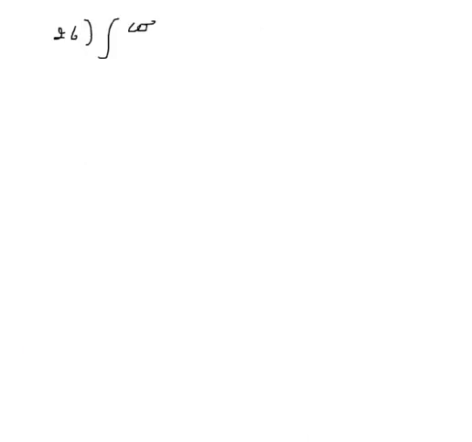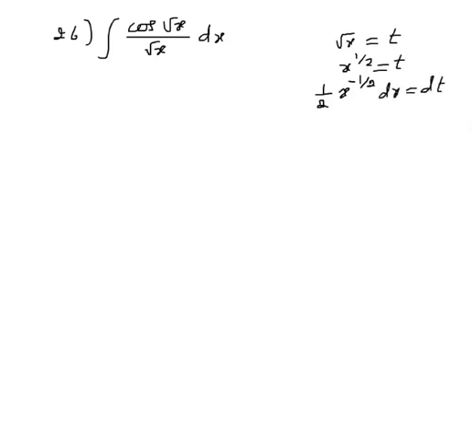Question number 26. Integral of cos of root x by root x dx. We know that differential of root x gives 1 by root x. So let us take root x as t. If you take cos of root x as t, we will get minus sine root x, which is not there in the function. So we will take only root x as t, which is x power half. Differentiate both sides. Half into x power half minus 1 becomes minus half, using the n into x power n minus 1 differentiation formula. dx by root x becomes 2 dt.